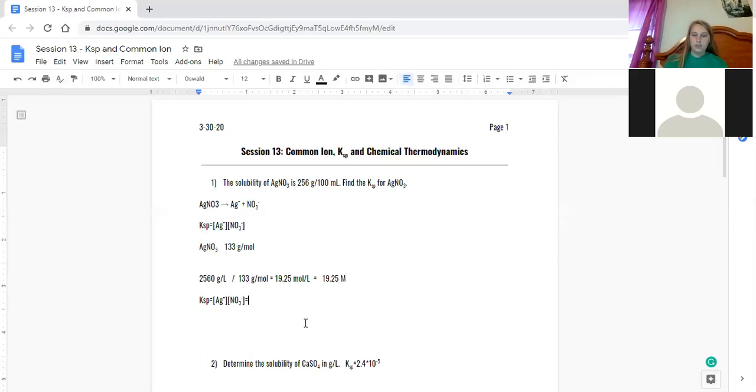So our 19.25 molar, or I guess it's KSP, so we don't need the units. I just automatically put them in, apologize. And we can square that because there's two of the same number. And so then that equals, what do you guys come up with? And we'll have our KSP.